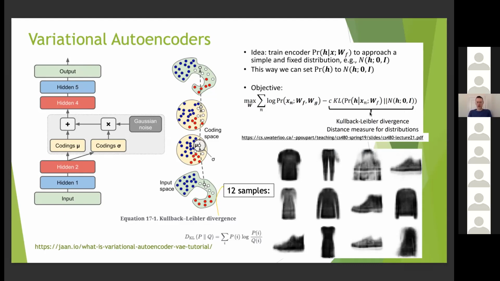And why do we need both of these terms? You can imagine that if you did not have the second term here, what would happen when you tried to train this network? You would try to get a mu and a sigma, and you would sample, and you would quickly learn that in order to get the best reconstruction, you would want to get very close to this point here.